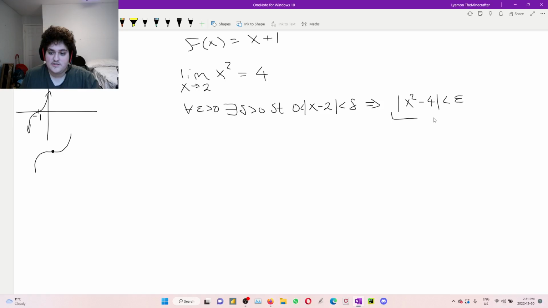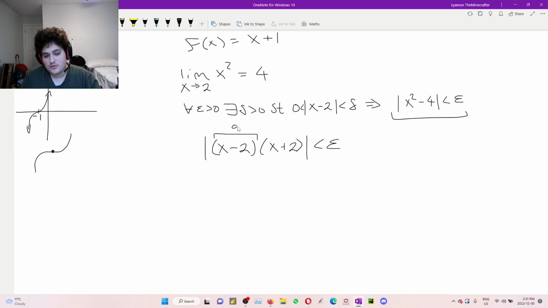So let's start with this. This is just a difference of squares inside, right? And what you could notice here is that I have two things that are being multiplied here.